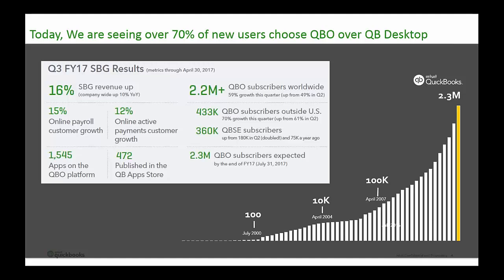From Q3 FY17 results, those are the last ones I can mention as, you know, through April 30th. 16% revenue uptick, 2.2 million subscribers worldwide, mostly in the U.S. Probably have a couple 100,000 overseas, but mostly are in the U.S. And what these numbers mean to me is you are going to get more clients asking or interested about QBO.